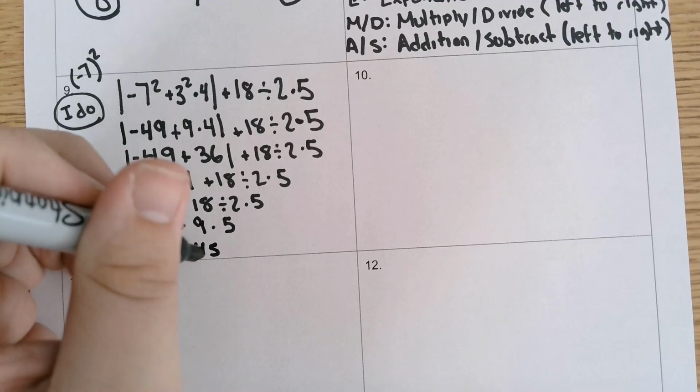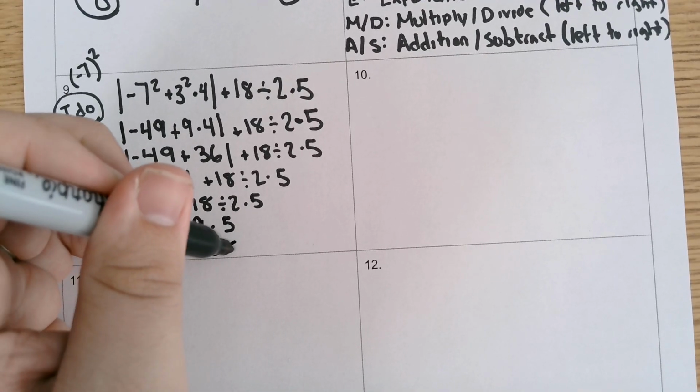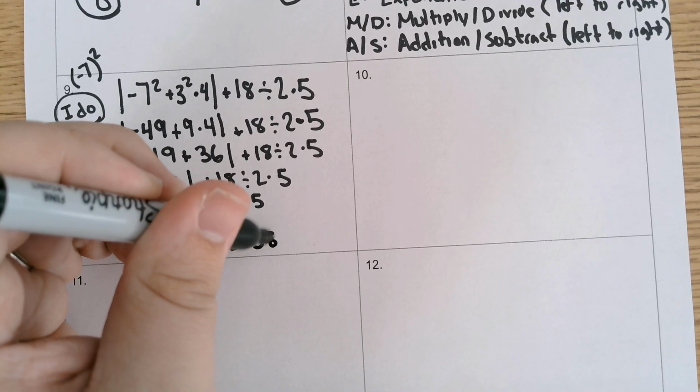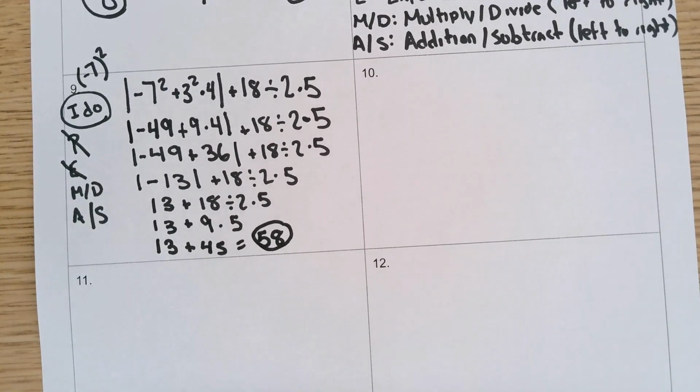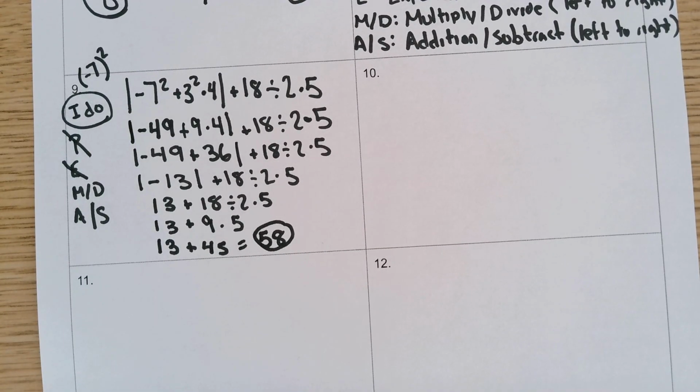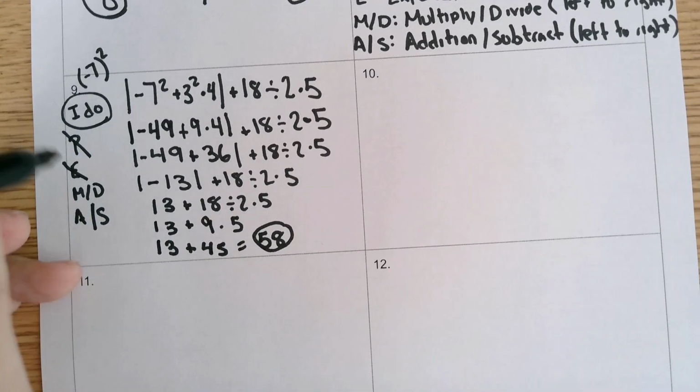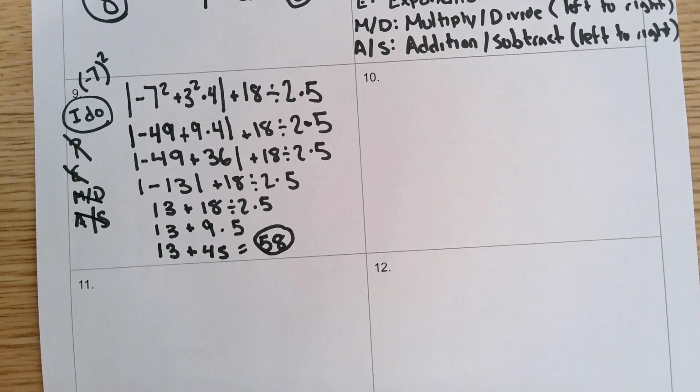And then finally, 13 plus 45 is equal to 58. And that's your answer. It's a big problem, I know. You've got to go through all the steps.